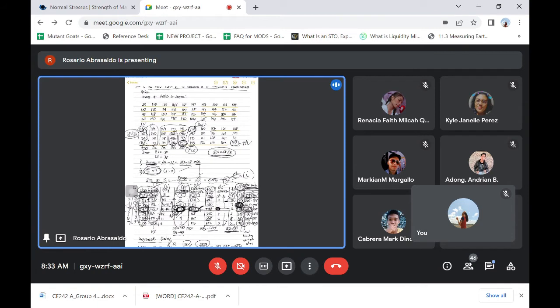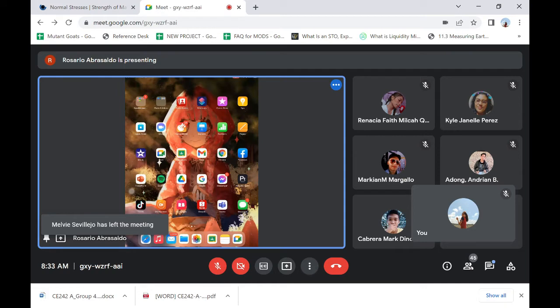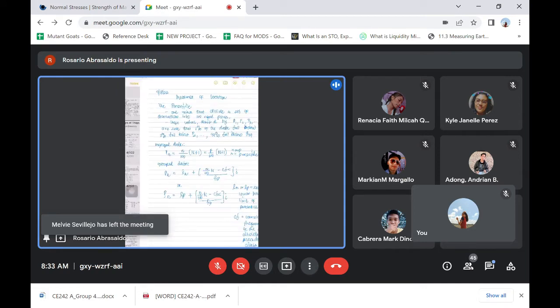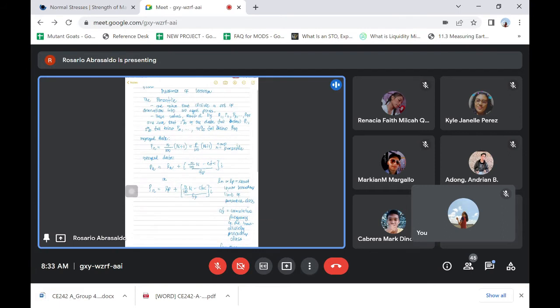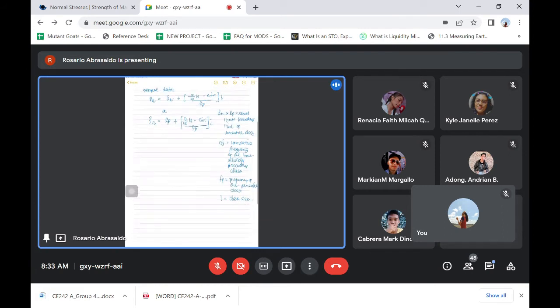I will construct it again so that we can also apply it here in our formula. So you have the table of frequency distribution.